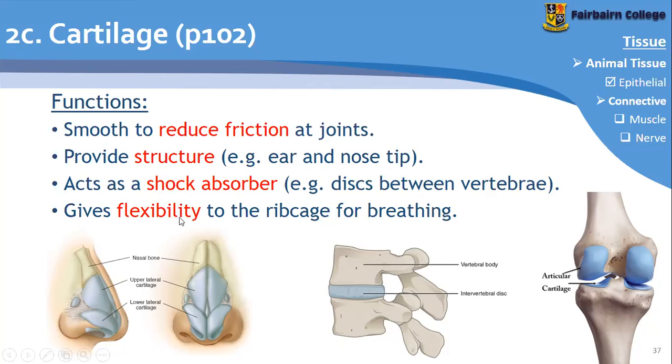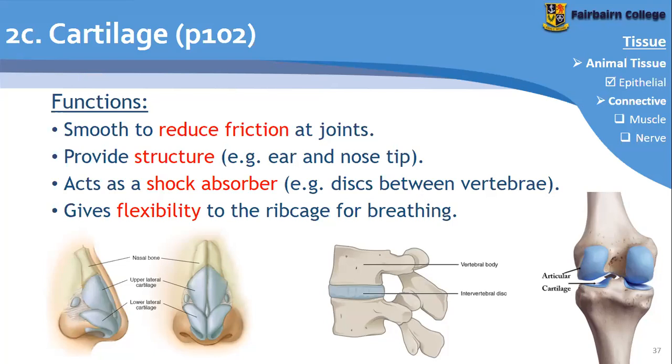And then it also provides flexibility. So for example, in your rib cage, your ribs obviously move in and out the whole time. And you don't have a joint there where the ribs are, like your fingers and your elbow and your knees, which are freely movable joints. You don't have that in your ribs.